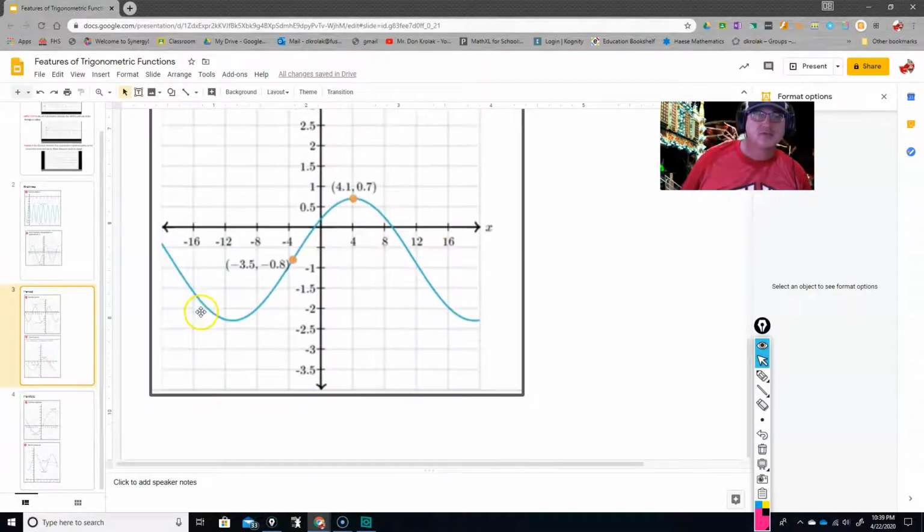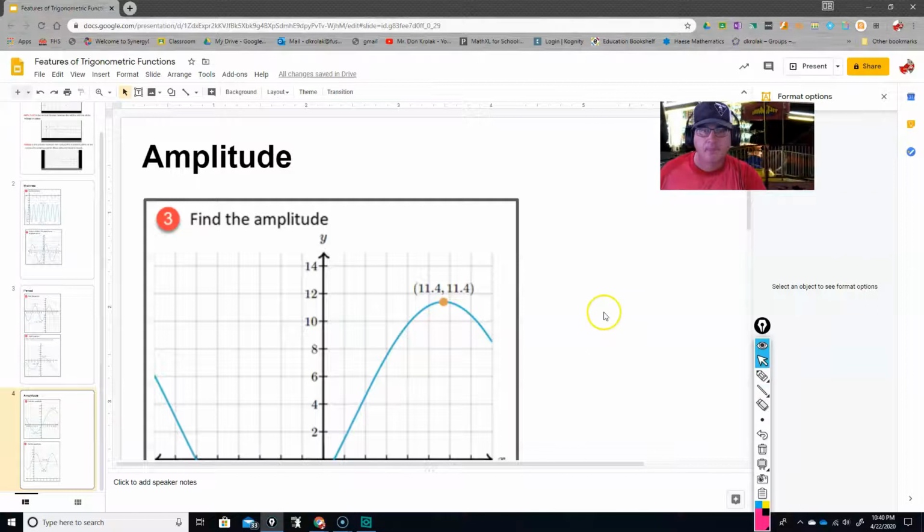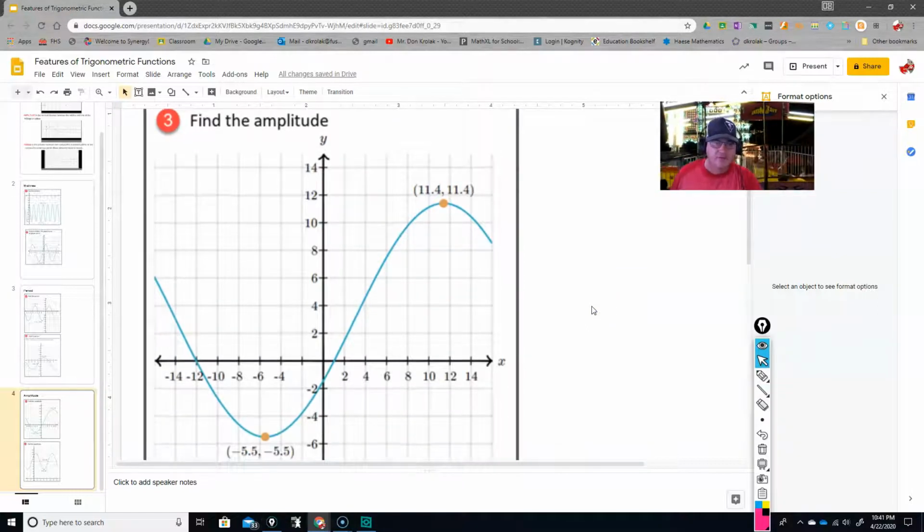All right, next two questions have to do with finding amplitude. Find the amplitude. The amplitude is the distance from the midline to either a high point or a low point.